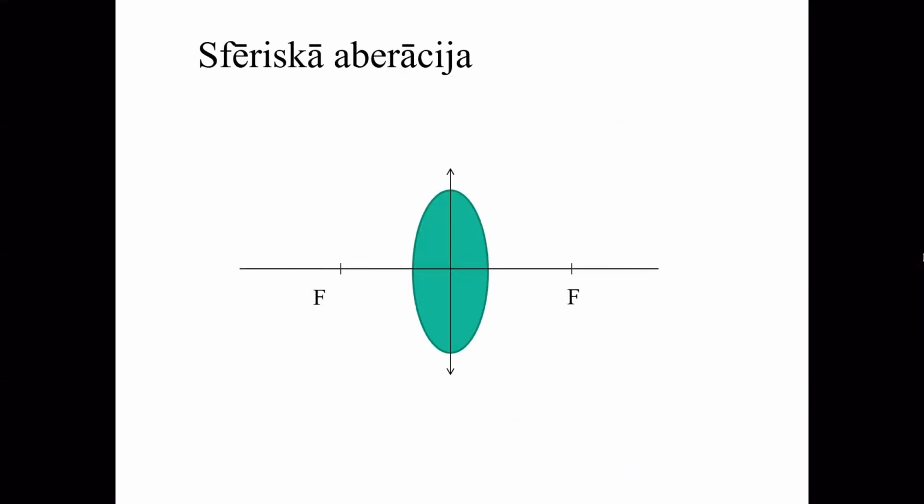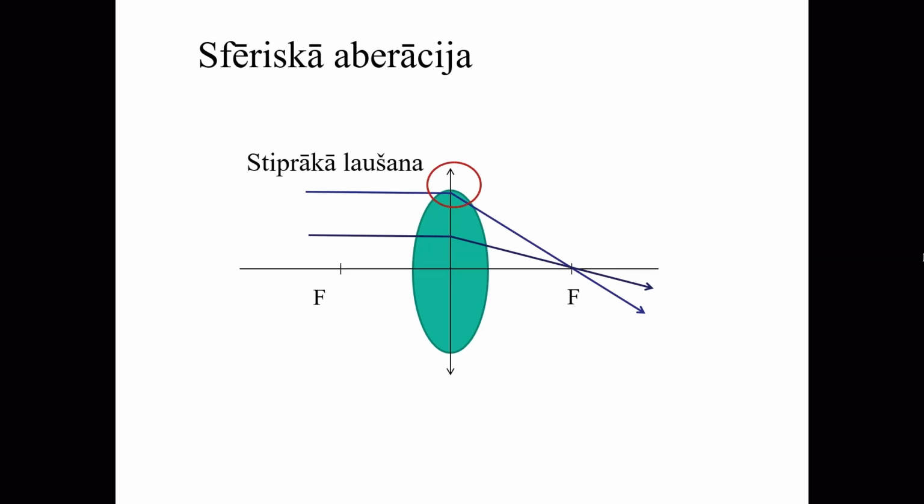So this is a lens, this is a beam, this is the other beam. All of them must be focused at one point. However, as we've spoken just now, the refraction is stronger compared with the beams that are at the center of the lens.